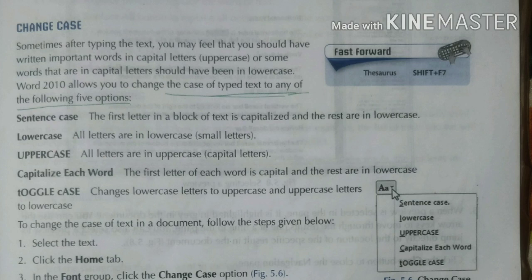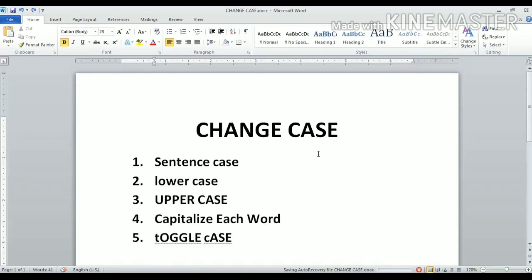Here you see we have five options available: sentence case, lowercase, uppercase, capitalize each word, and toggle case. These are the cases available in MS Word.